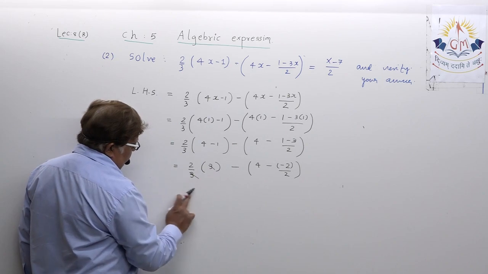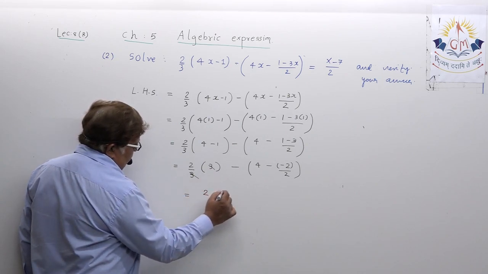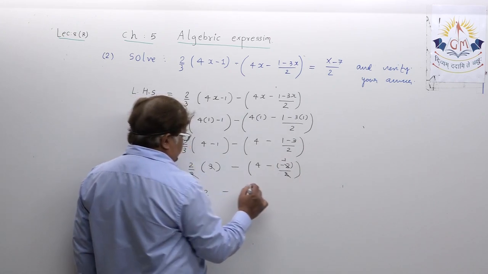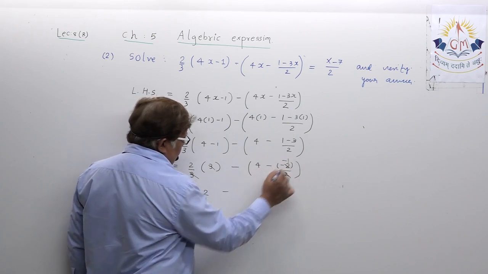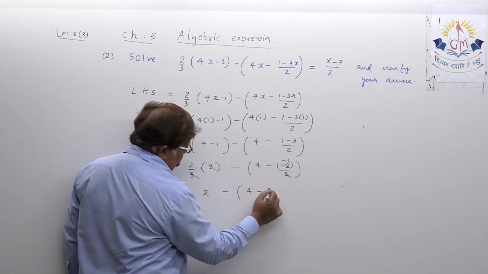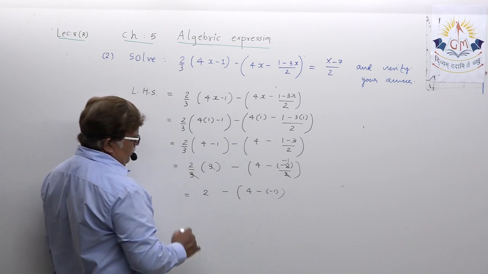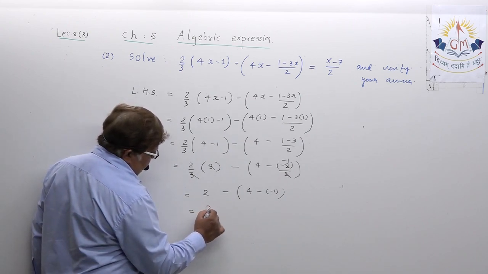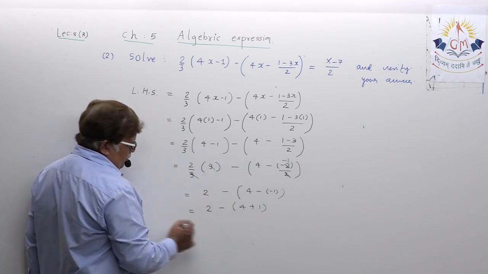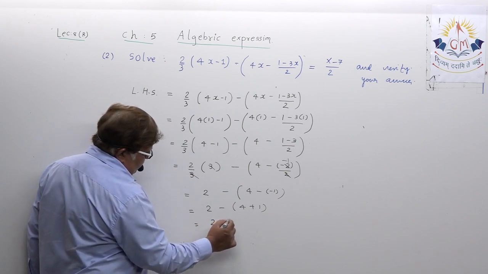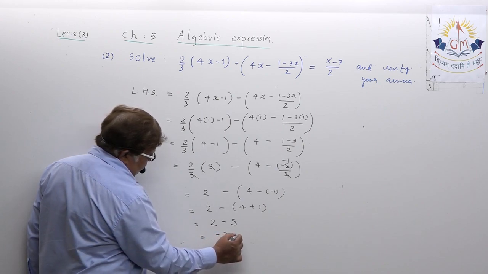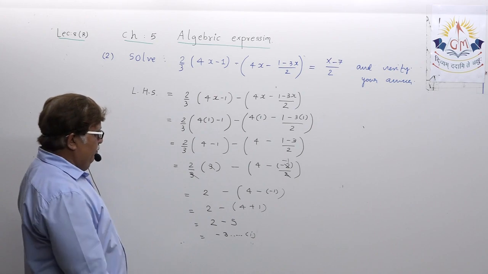This is cancelled. 2 minus, cancel it, minus 1. So minus in bracket 4 minus minus 1. Please verify. 2 minus 4 plus 1. You understood? 2 minus 5 equal to minus 3. Result number 1.